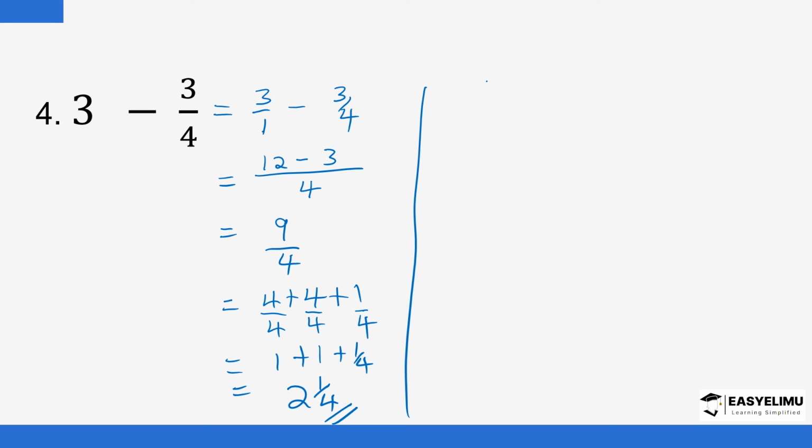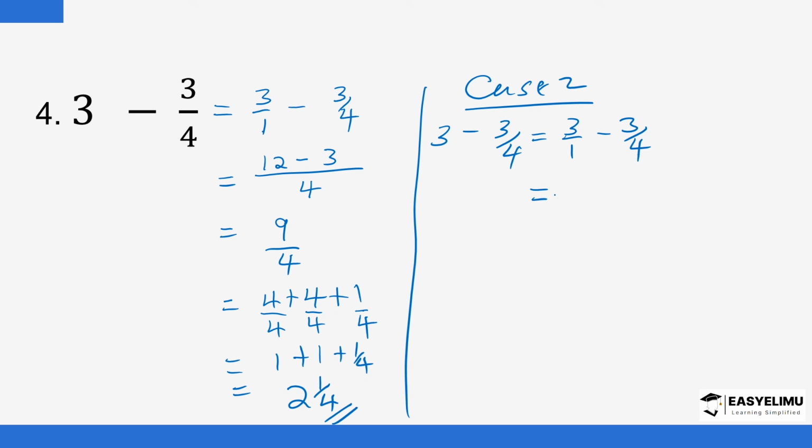So that is the first method. Let's look at an alternative approach using cross multiplication. I'm giving you the two methods so that you can decide to use either of the two. So we have 3 minus 3 over 4, which equals 3 over 1 minus 3 over 4. Remember, we write this 3 as an improper fraction with the denominator of 1. All whole numbers can be written as improper fractions with the denominator of 1. If it is 3, you can just write it as 3 over 1. Division by 1 doesn't make any difference.